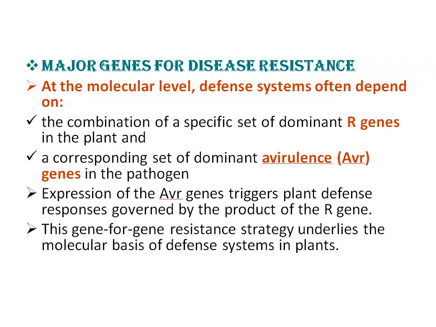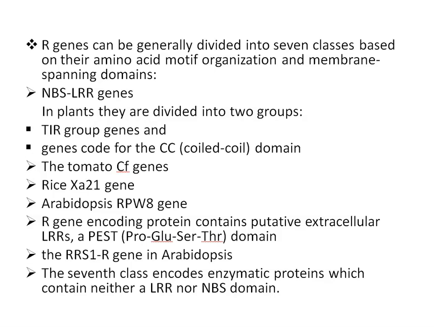R genes can be generally divided into 7 classes based on their amino acid motif organization and membrane spanning domains. The largest class consists of NBS-LRR genes, which contain a nucleotide binding site, that is NBS, and a leucine-rich repeat, LRR, domain.